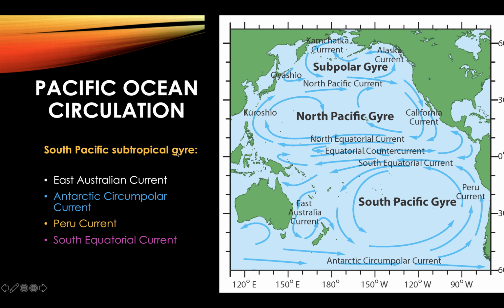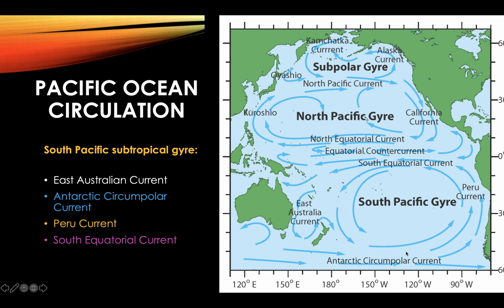Here we have the Pacific Ocean. Here's the North Pacific gyre rotating to the right and the South Pacific gyre rotating to the left. The South Pacific gyre has the East Australian current, the Antarctic circumpolar current, the Peru current, and the South Equatorial current.